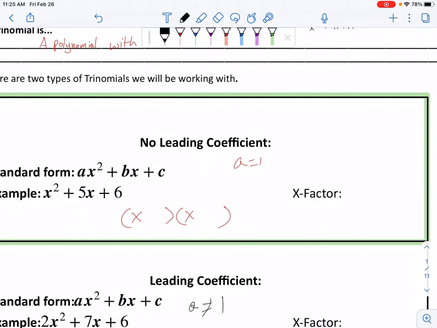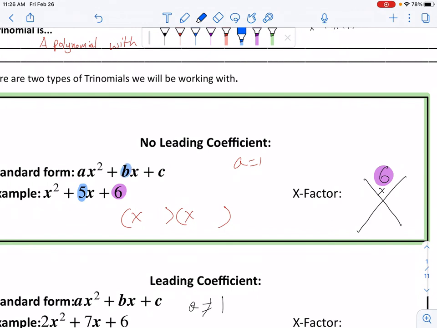So for this example, in our x factor, what we're going to do is take our last number, and that goes up top. So I'm going to put a 6 up here. And I'm looking for what would multiply to make our last number. And then for our middle number, our b term, right?